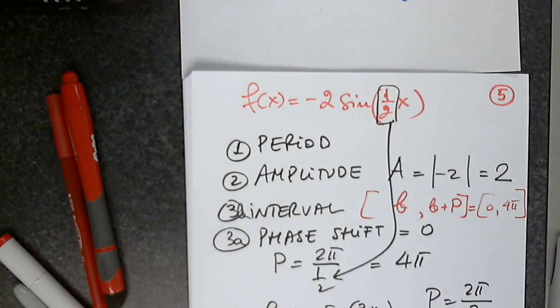And between 0 and 4 pi, how many will I have? 6. Let's take a look. Let's go to y equals. So the third function will appear in a different color, and I have sine 3x. Here it is. 1, 2, 3, 4, 5, 6.